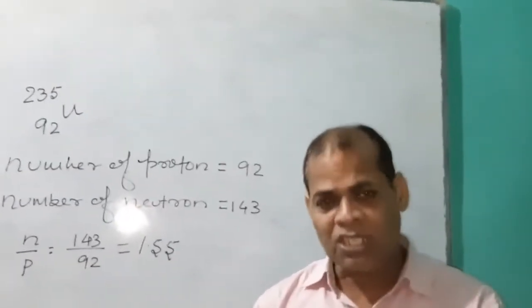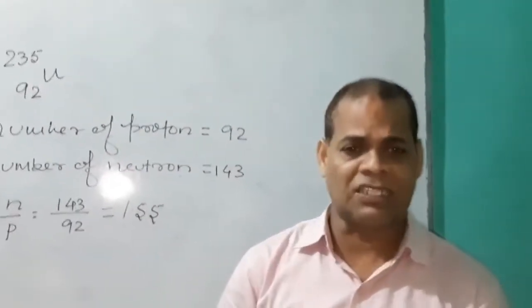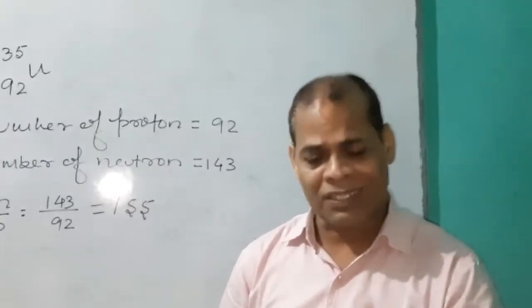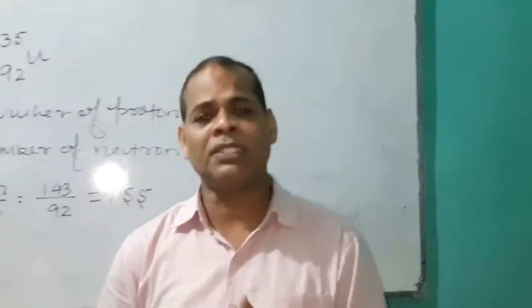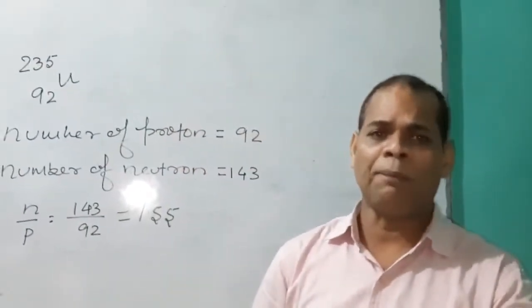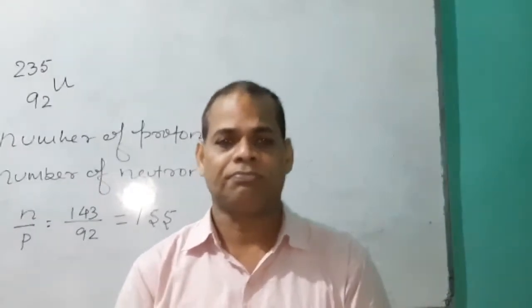Not only uranium, but thorium, polonium, actinium, these elements have N by P ratio more than 1.5, so their nucleus are unstable.